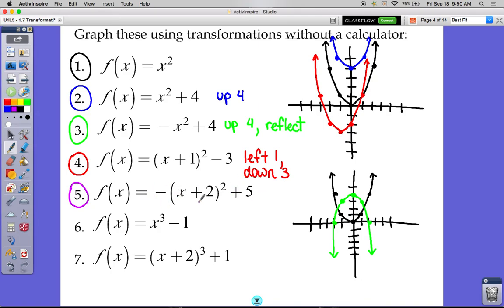So the +2 tells you to go to the left 2. It's going to go +5, so up 5, and it's also going to reflect. So +2, or left 2, up 5, and reflects.